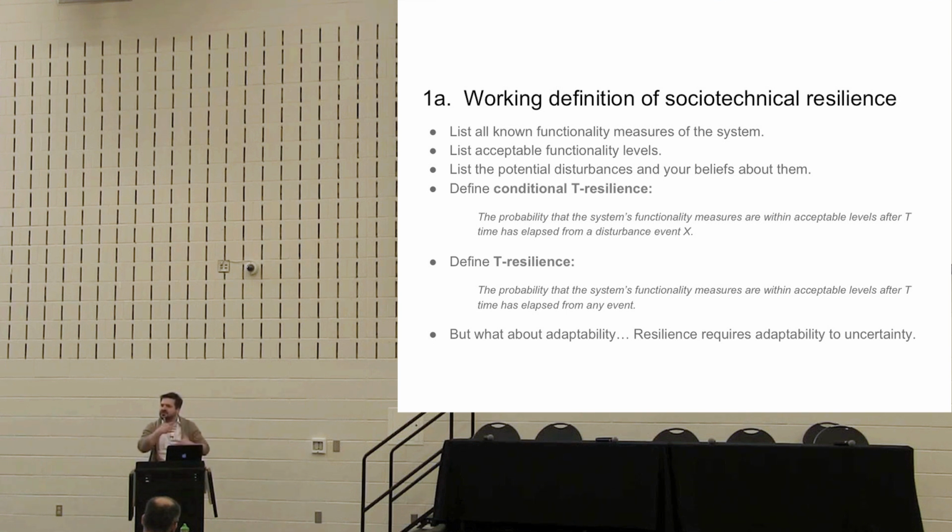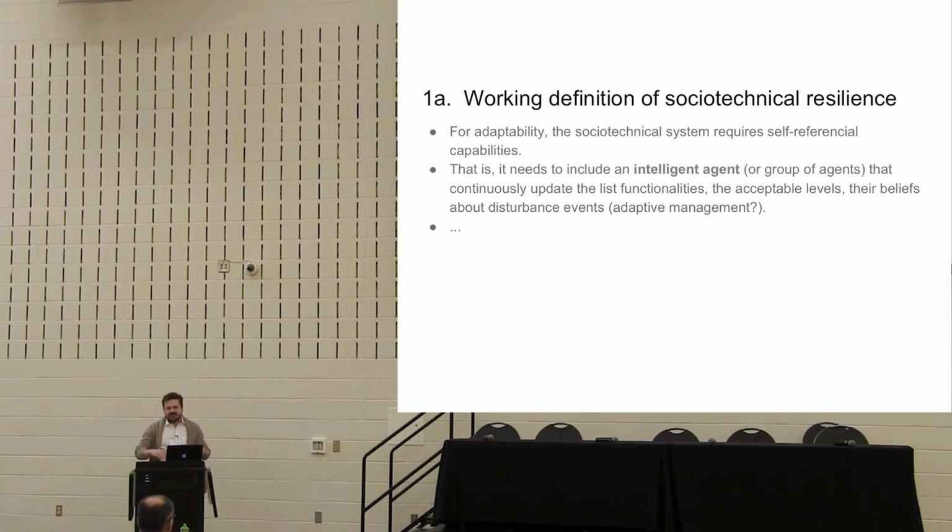So it continuously changes the functionality measures, continuously changes the acceptable functionality levels, continuously monitors the possible disturbances that can occur, and this entity has a model of the system. So it's an entity inside the system that has a model about the system and runs hypothetical scenarios about what can happen to the system. And this is what would provide adaptivity in a socio-technical system. Now, in actual socio-technical systems, this is an actual group of people inside the system arguing about the system.